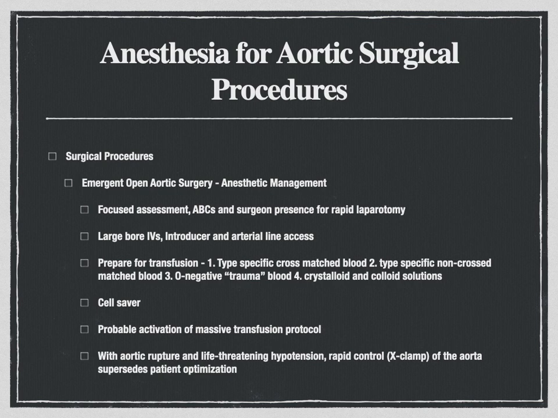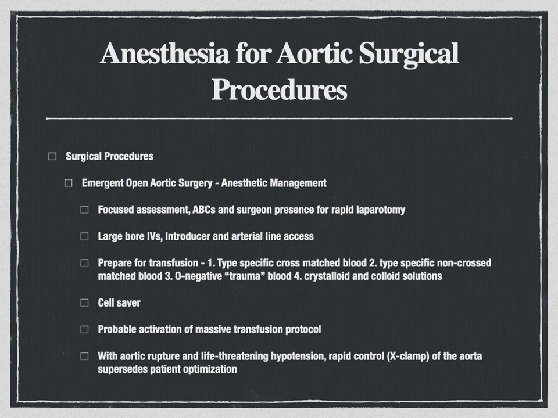Our management includes a focused assessment. Always start with the ABCs and surgeon presence for rapid laparotomy. You want large bore IV access, probably an introducer, and an arterial line for sure on this patient. Prepare for transfusion.